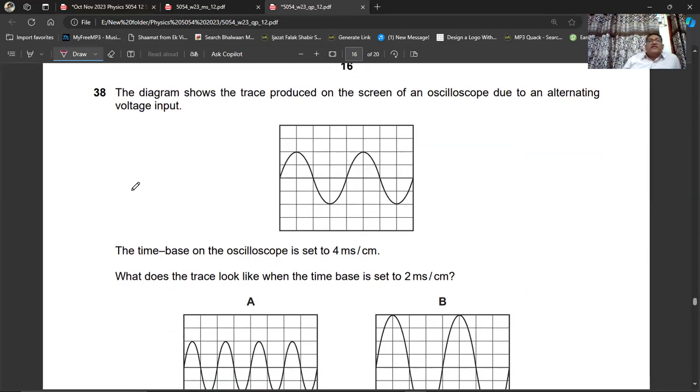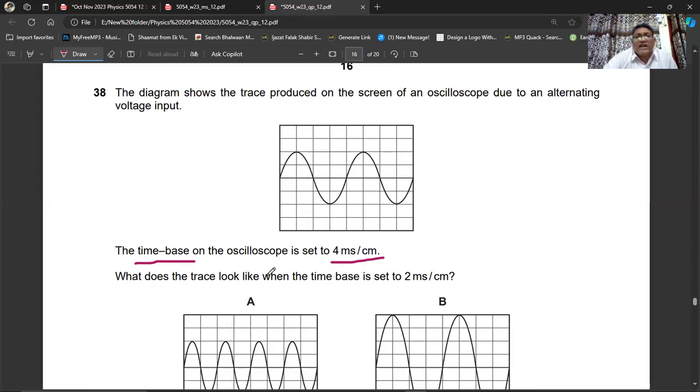Question number 38. The diagram shows the trace produced on the screen of an oscilloscope due to an alternating voltage input. The time base, which means the scale on the x-axis, is set at 4 milliseconds per centimeter. So 1 centimeter here represents 4 milliseconds.